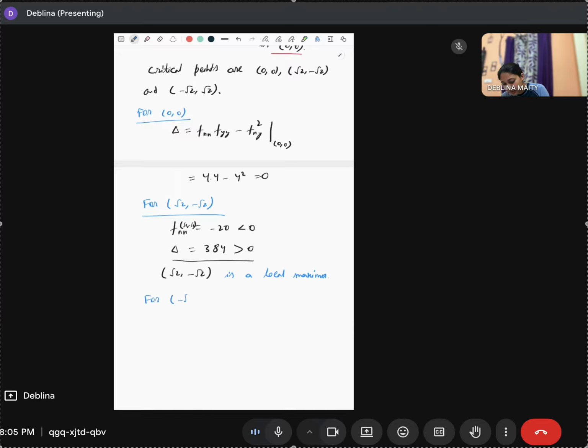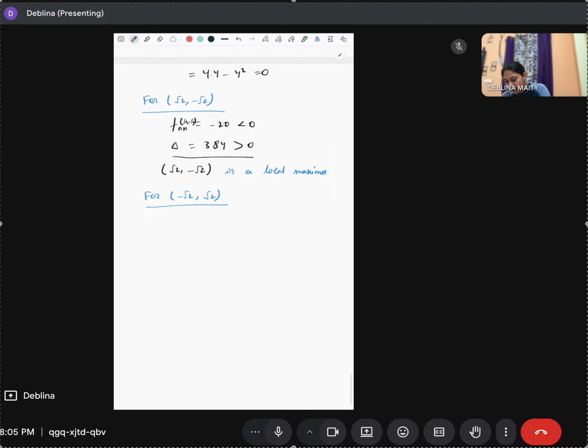Okay, let's look at this point, minus root 2 comma root 2. For this point, fxx is again minus 20, which is less than 0, and delta will be again 384, which is greater than 0.